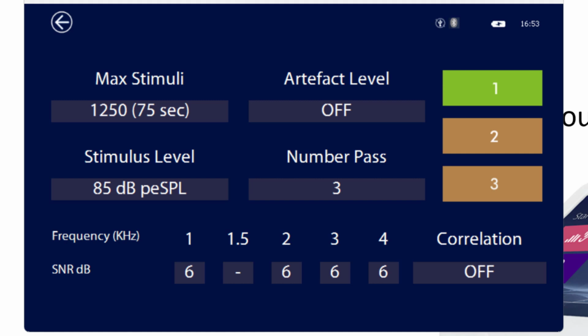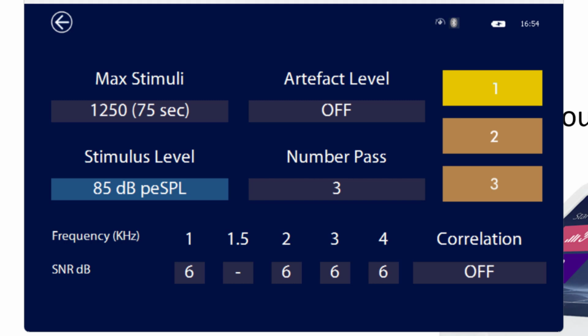Stimulus level: in literature, it is said that with 83 dB SPL as a click stimulus, you reach more or less the best OAE results. We've chosen to have 5 dB step size, so 85 is the closest one, and that's why I recommend always to use 85 dB SPL.